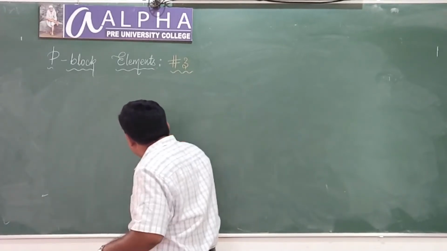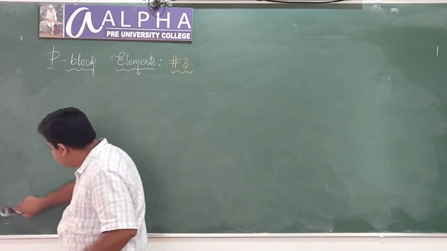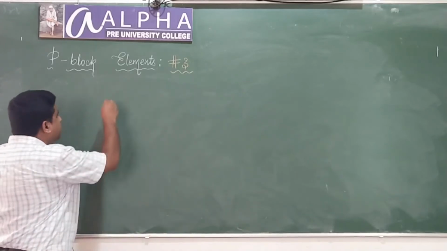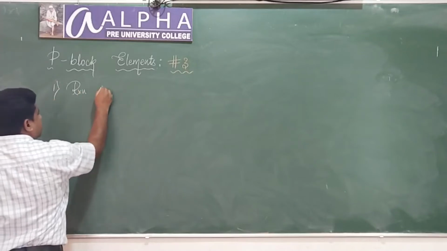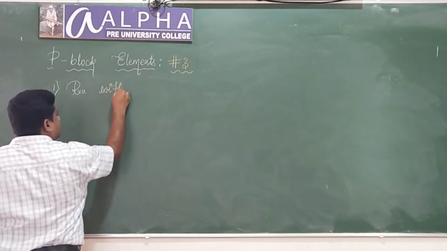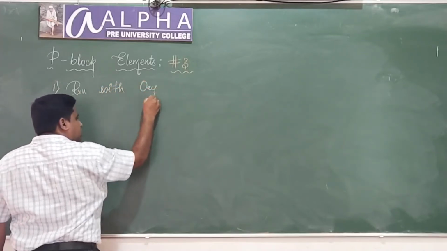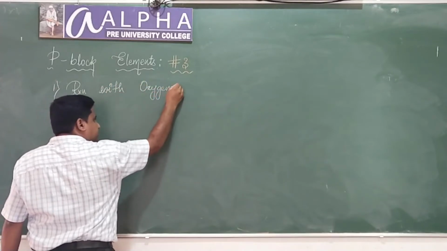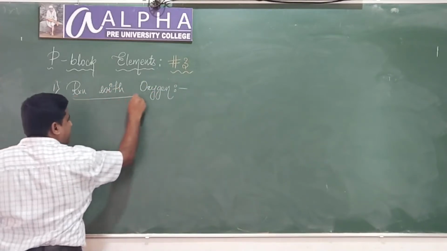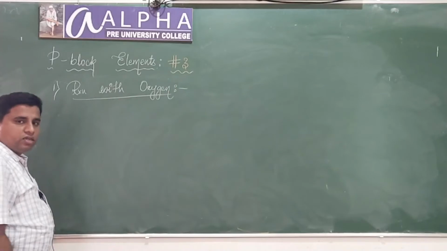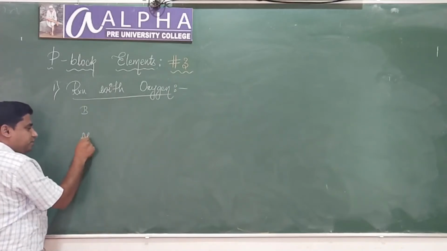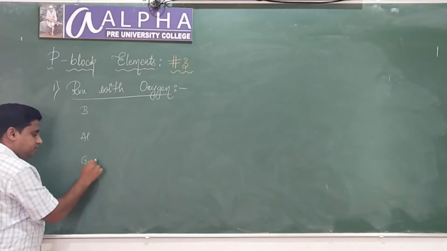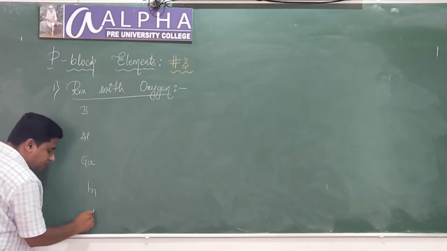Reaction with oxygen. How do boron family elements react with oxygen? We have boron, aluminium, gallium, indium and thallium.